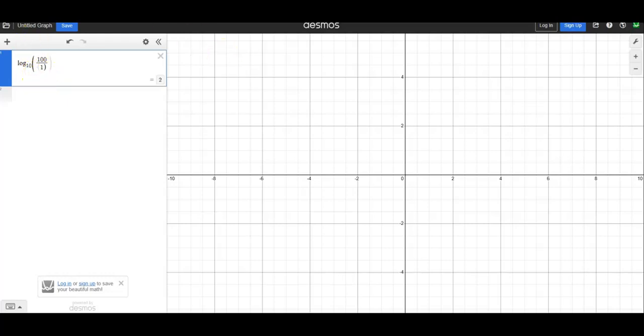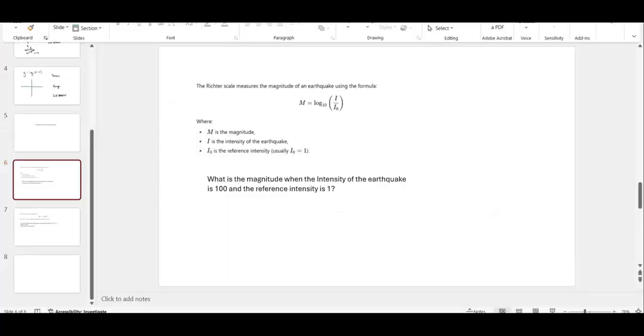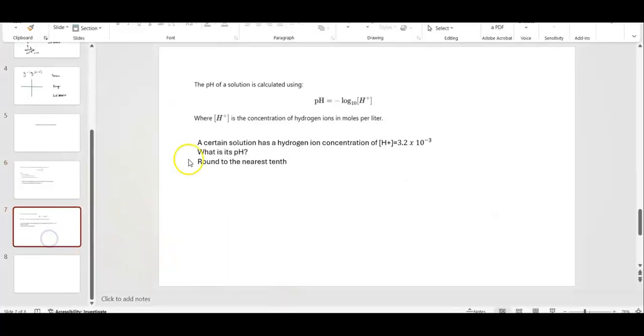That's all you'll be doing in that last little section: you will be given some sort of word problem with a formula, and you will plug this information in and let Desmos calculate it for you, just so that you can see a little bit of application. I'll go ahead and type this one in.